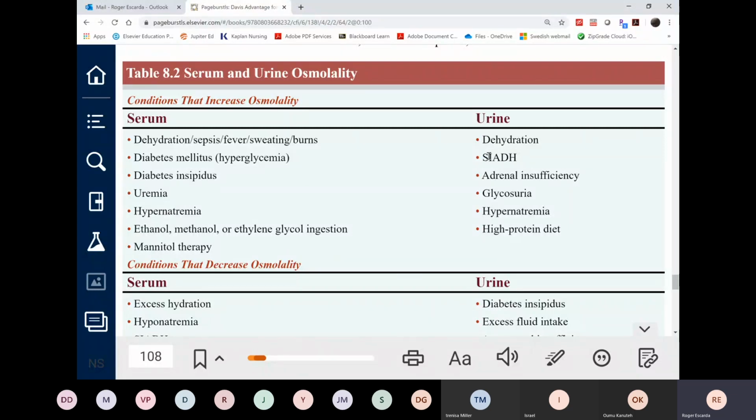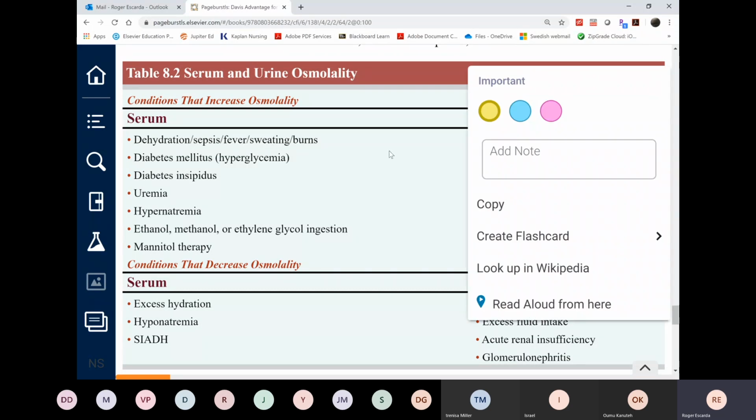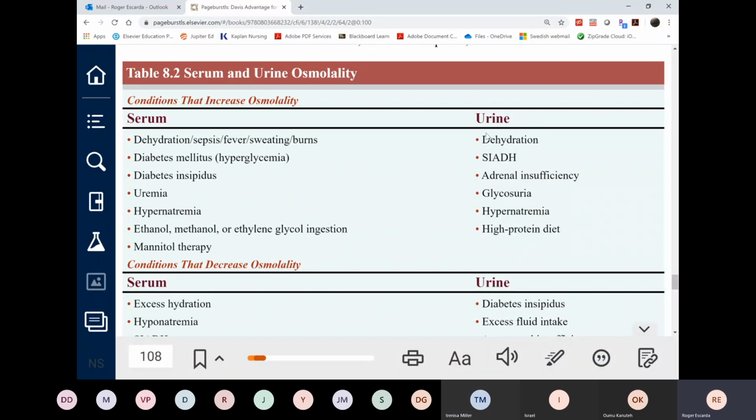So this is the only odd one out here. All of the other conditions result in loss of water, loss of fluid in the body, no matter how you look at it. This is actually a fluid overload condition, but they have very little urine output because all the water is being reabsorbed.